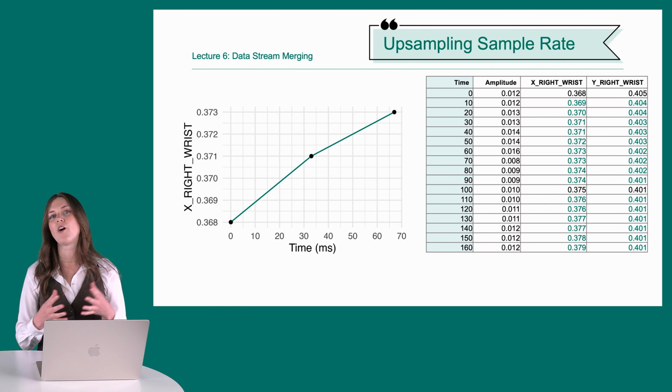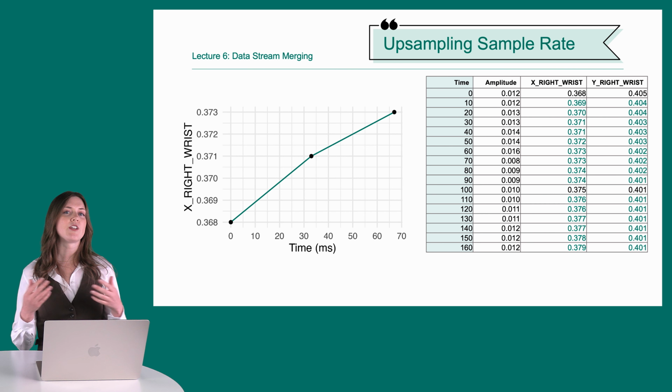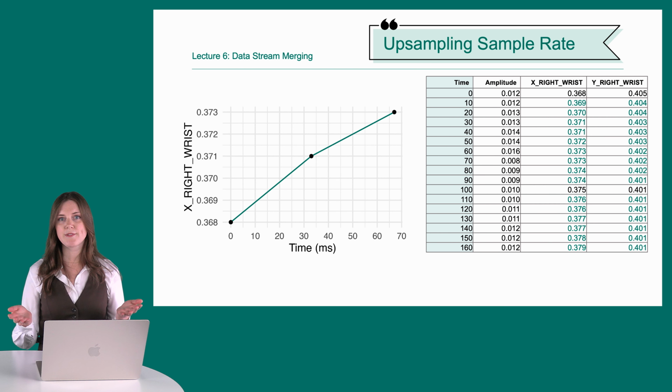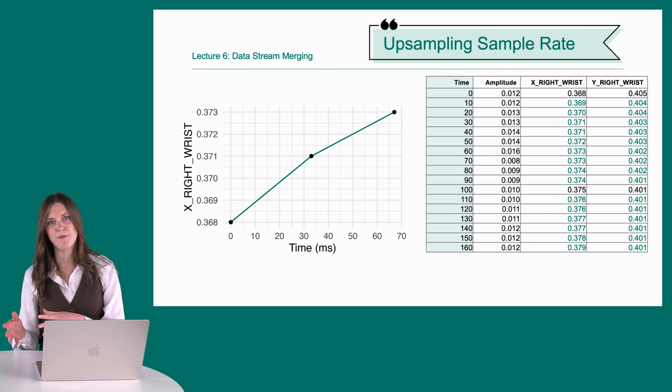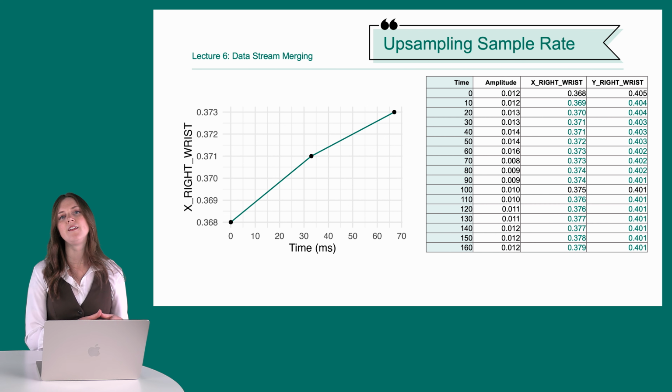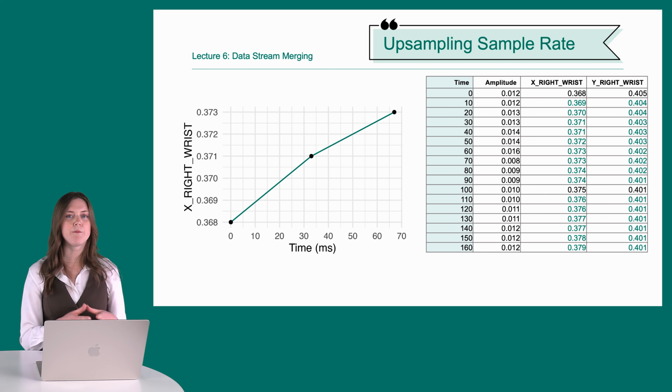If the sampling rates are relatively similar, it is often preferable to upsample the lower rate signal rather than downsample the higher rate one. This is because downsampling can lose information and reduce the resolution of the signal.